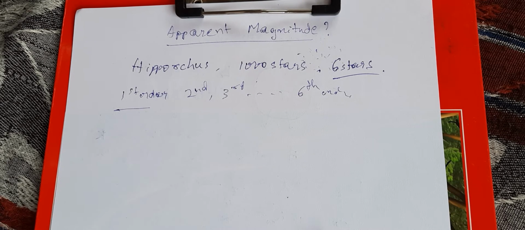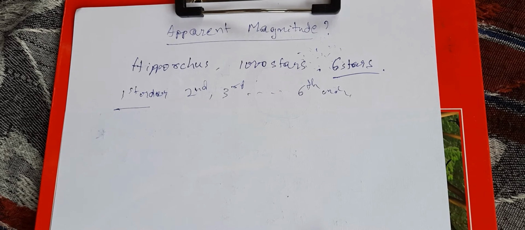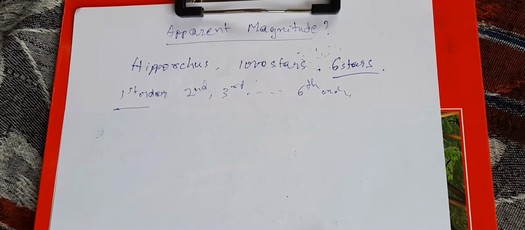Why do we call it apparent? Because they look that bright, not because they have different luminosity. Of course, they may have different luminosities, but even two stars having the same luminosity, if one star is nearer to Earth and another is farther away, then the first star will appear brighter than the farther star.